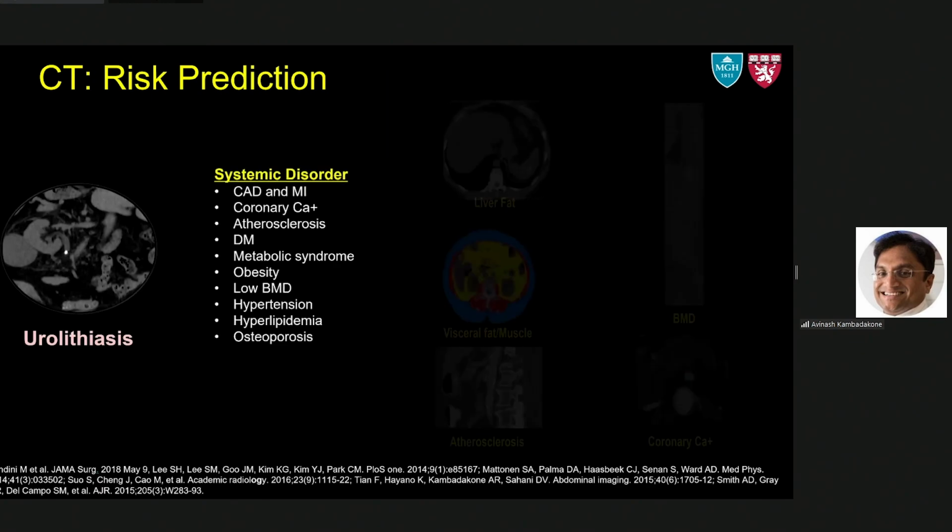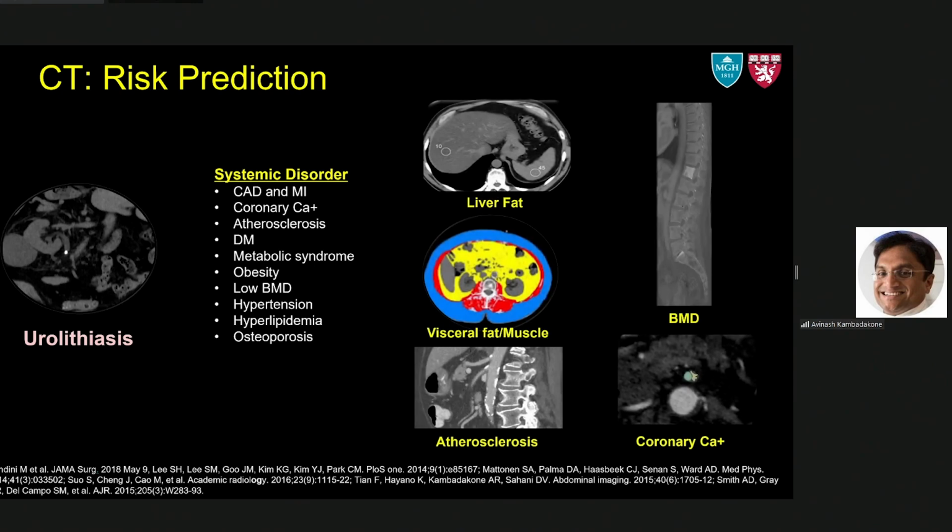So what do I mean by that? Now, there's increasing recognition that CT patients who have stone disease are also a part of a systemic disease where these patients not only have stones, but they also are likely to have coronary artery disease, atherosclerosis, metabolic syndrome, obesity, and diabetes.